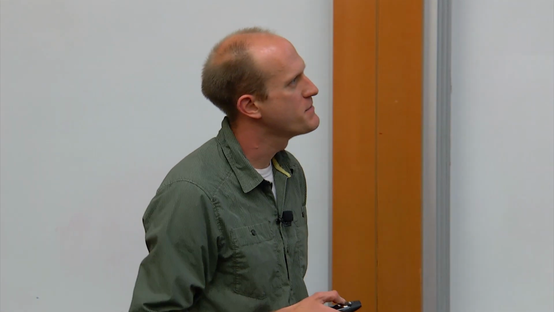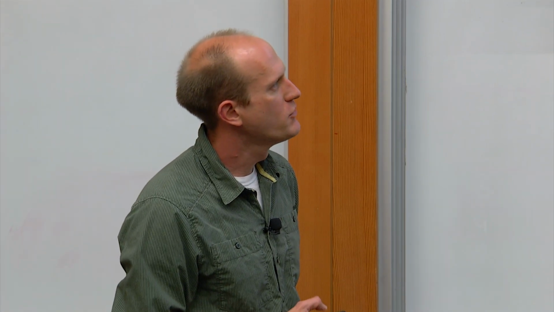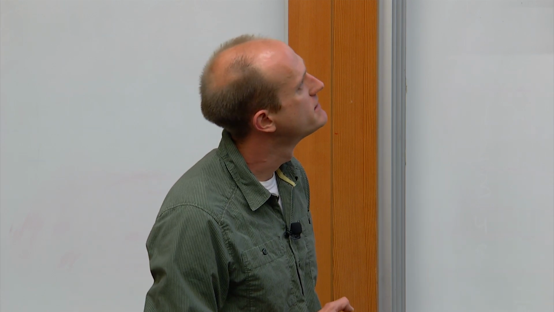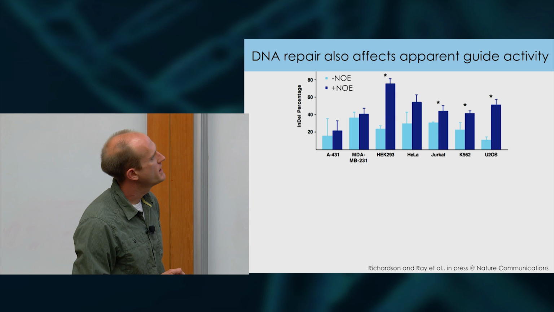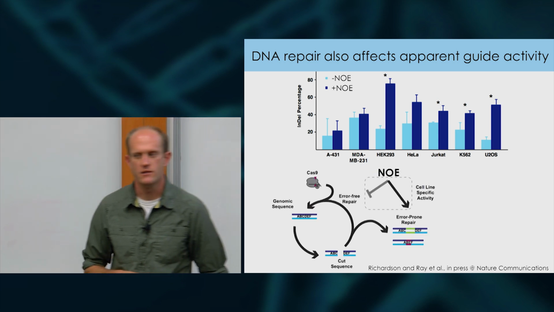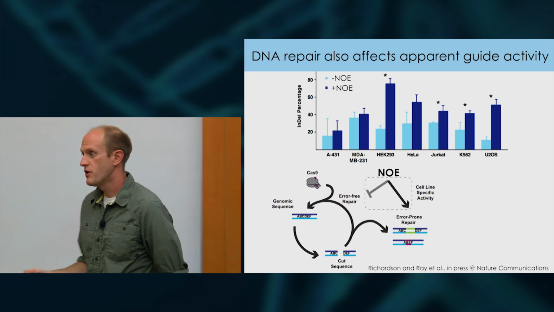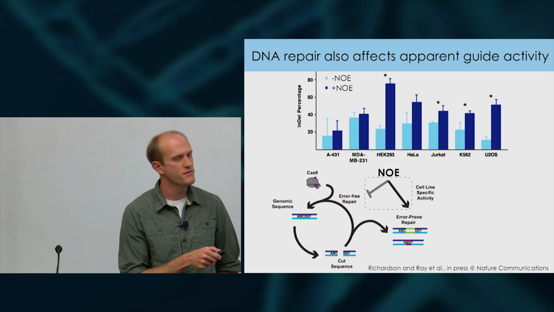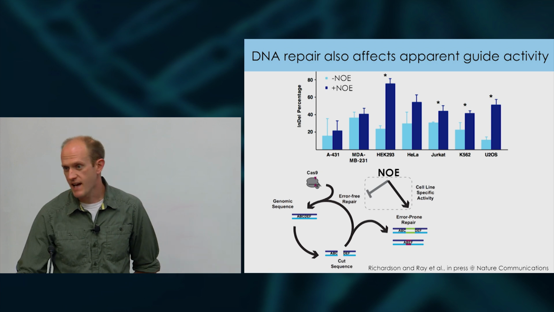The question is about how long Cas9 is around. If you remember, I'm going to go back to this slide. If we think about this model where Cas9 is going around this cycle, and Cas9 is around for a long time, you would expect it to have more and more chances to give you this error-prone repair. And that is exactly what we see.